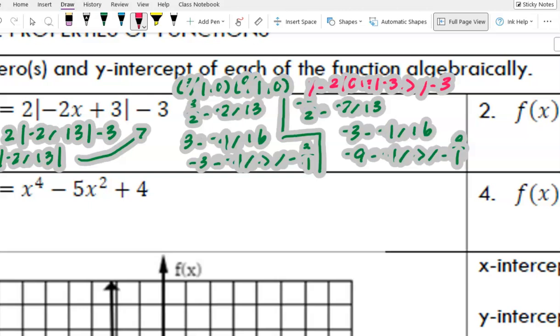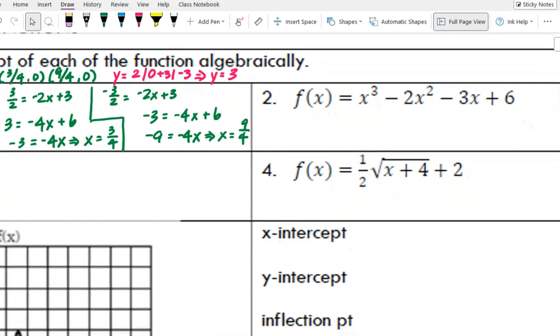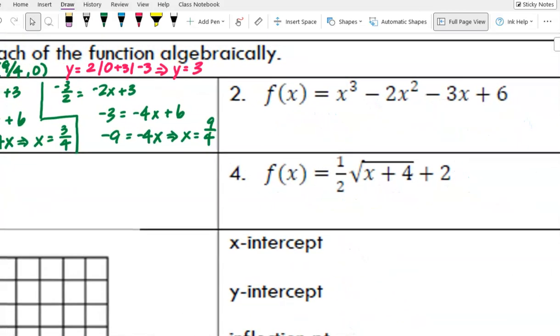Okay, and so therefore my y-intercept is going to be (0, 3). Okay, so fairly easy. Let's go ahead and do number 2.